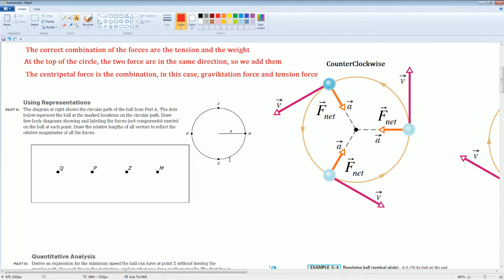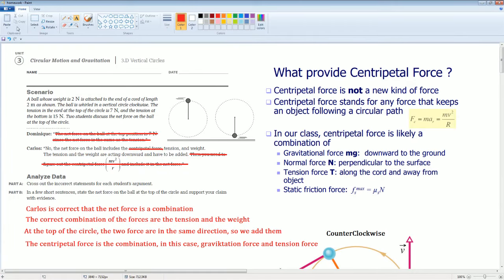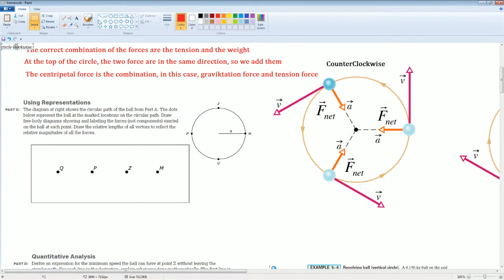Where is Q? Q seems to be on the bottom, and this object is going clockwise. I just want to make sure you understand this is going clockwise. So here, I made that purple.